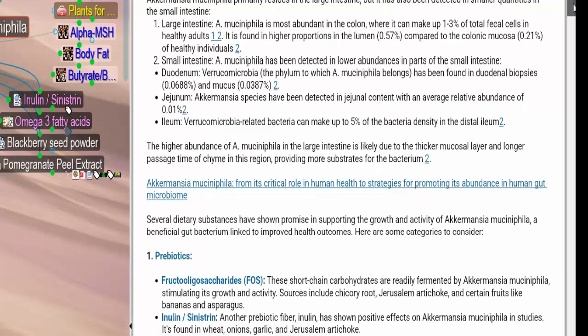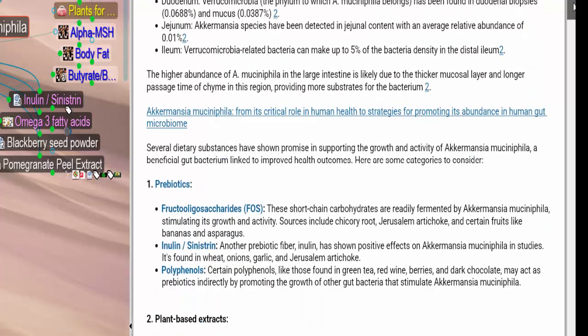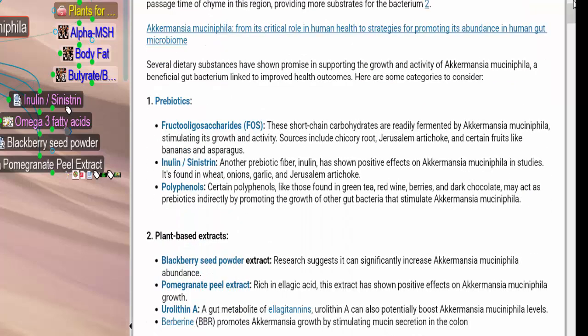So let's take a look at some of the dietary substances more closely that help maintain a good, healthy level of Akkermansia. As far as prebiotics, it likes those fructooligosaccharides, FOS. Those are short-chain carbohydrates that it can easily ferment, and that will stimulate its growth and activity.